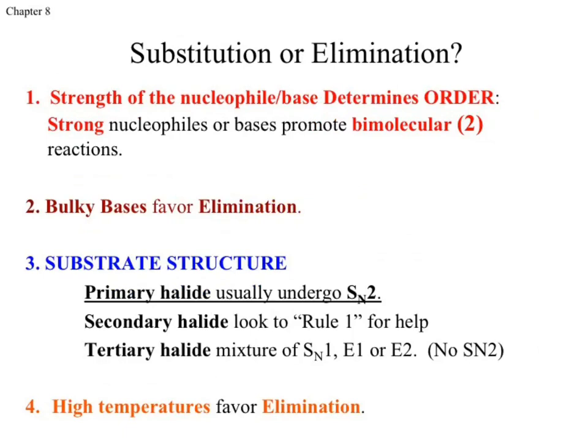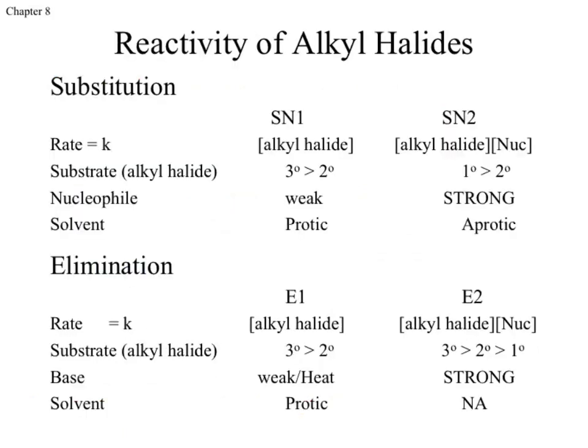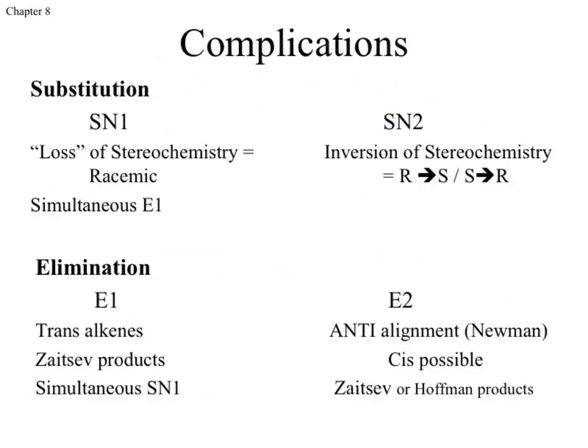Okay, because every single mechanism runs under a secondary halogen. Tertiary halides, you get a mixture of your SN1, your E1 always, and then your E2 can pop up. You won't see the SN2. Okay? And then your high temperatures favor elimination. More summary, another formatting of it. Complications. Okay? Trying to summarize where you get those big issues.